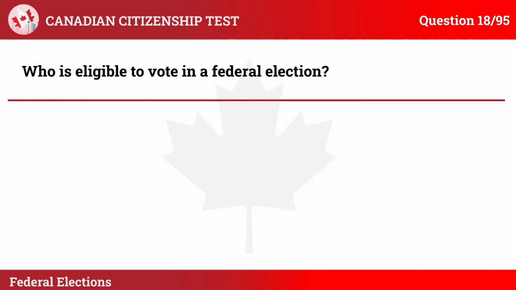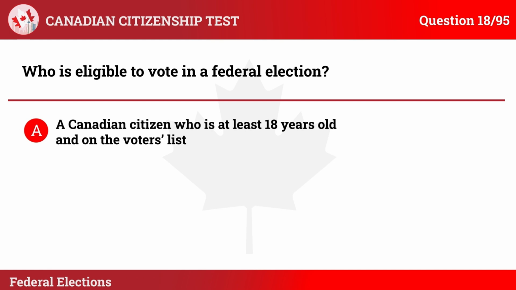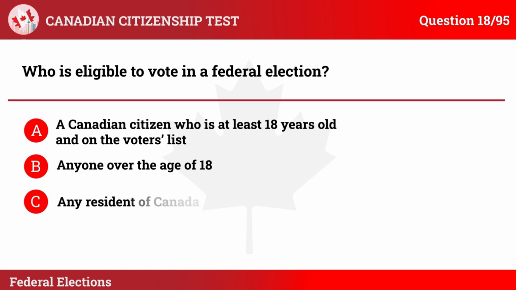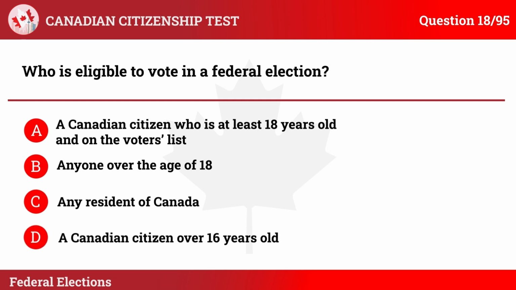Question 18. Who is eligible to vote in a federal election? A. A Canadian citizen who is at least 18 years old and on the voters list. B. Anyone over the age of 18. C. Any resident of Canada. D. A Canadian citizen over 16 years old.